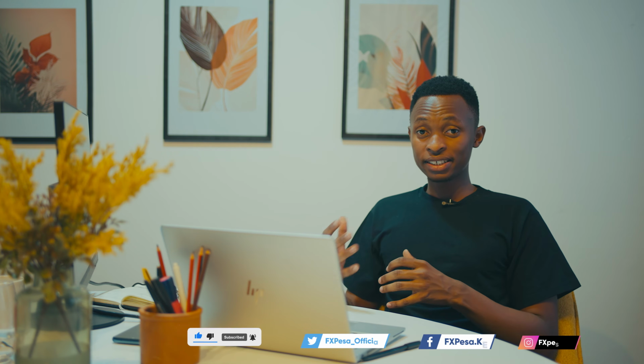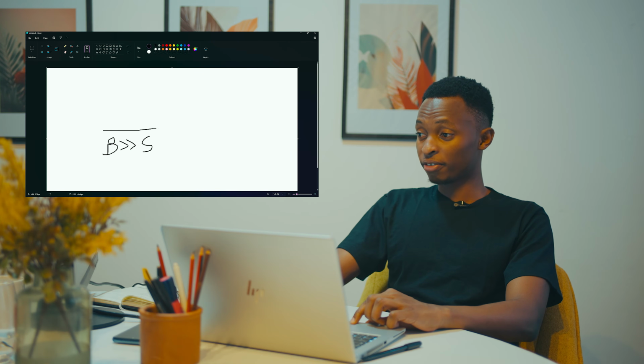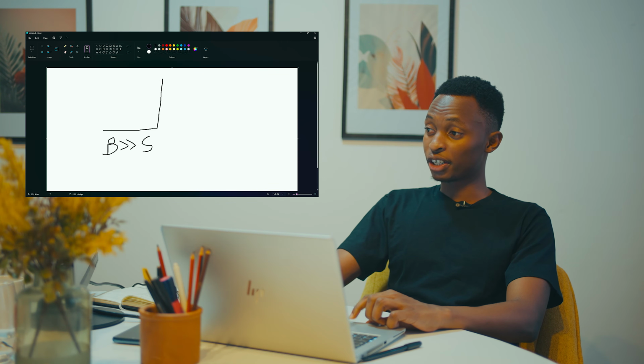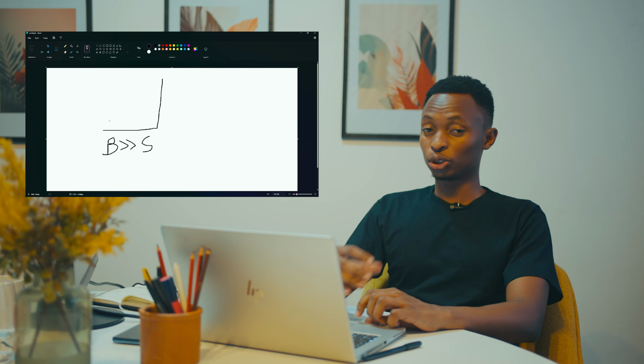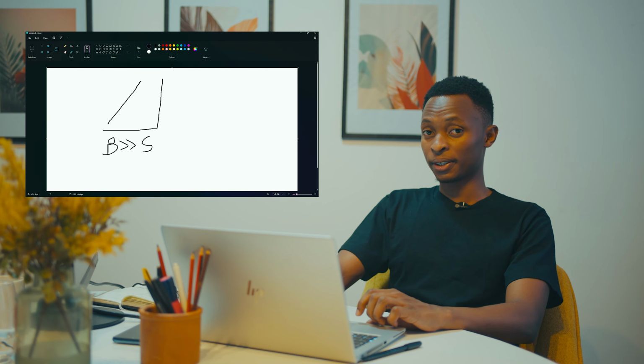Now, the degrees of strength in the market also really affect how prices move. If you have a scenario where buyers are significantly more than sellers, then in the market it's usually very huge up candles or very steep price movements.